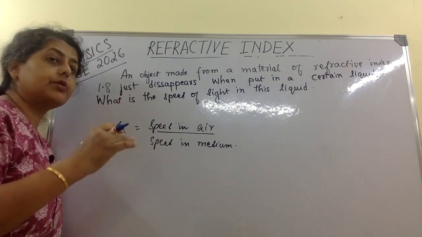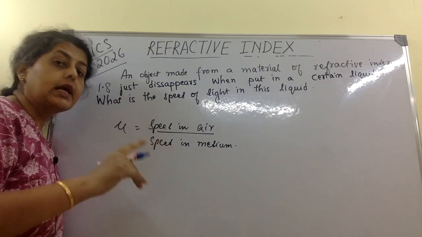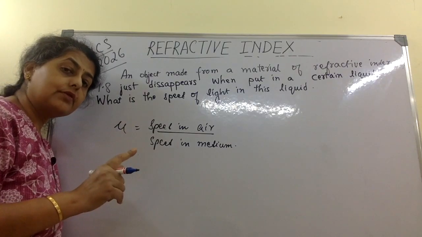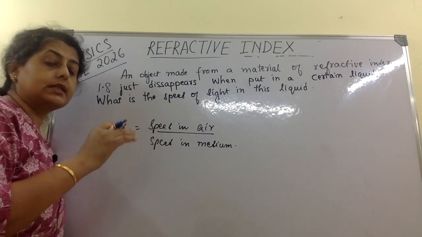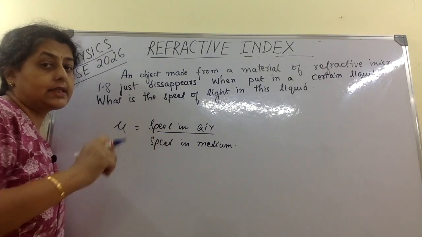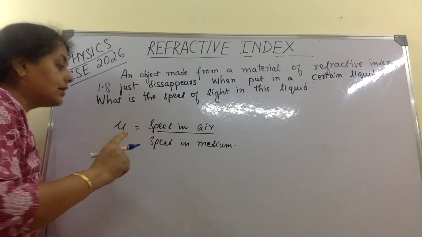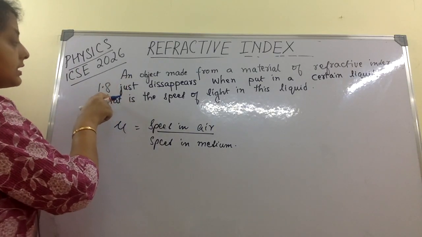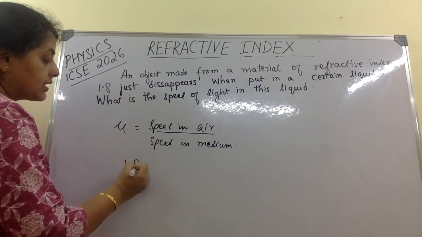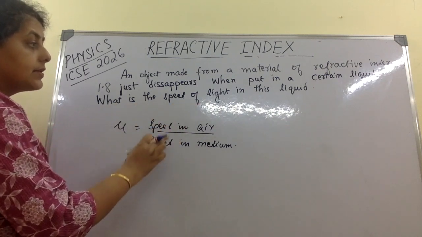When you put an object in a liquid and it disappears completely, it happens when both the liquid and the object are of the same refractive index. Only then it can happen. So if the object is of refractive index 1.8, the liquid is also of refractive index 1.8. And what is the speed of light in this liquid?